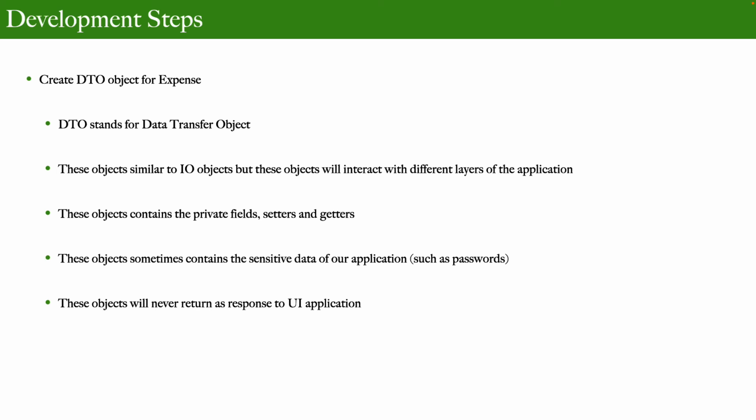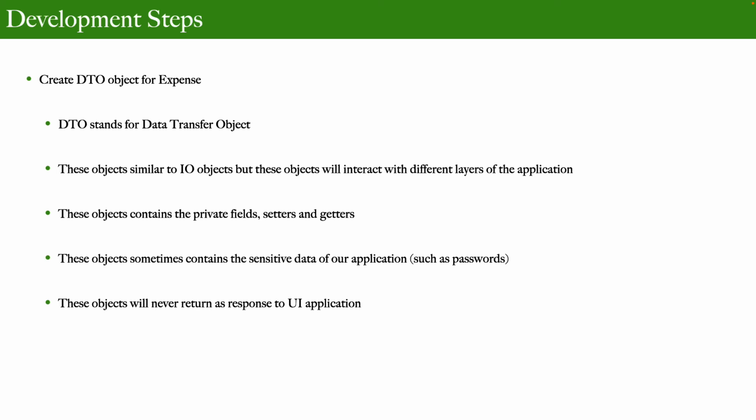These are the objects that will travel from one layer to another layer. These objects contain the private fields, setters, getters, toString, and hashcode methods. These objects sometimes contain the sensitive data of our application, such as passwords and other sensitive data, and these objects will never be returned as a response to the UI application.